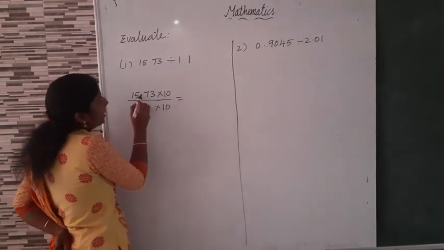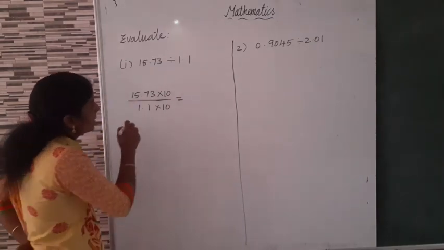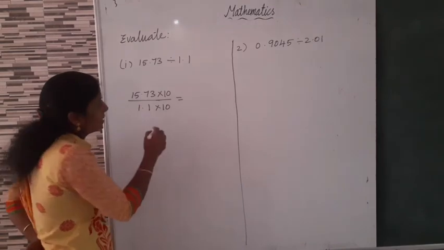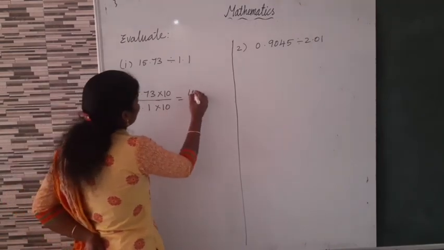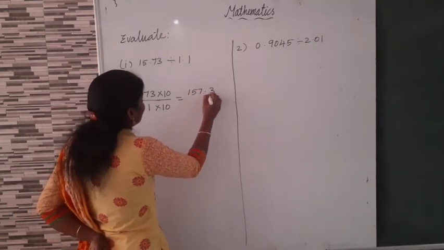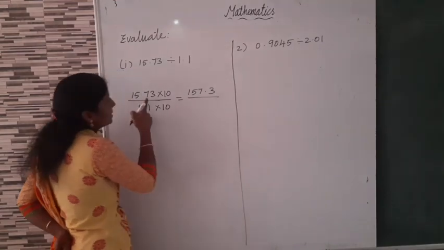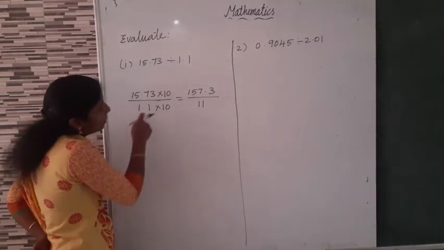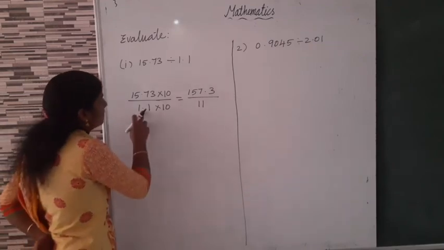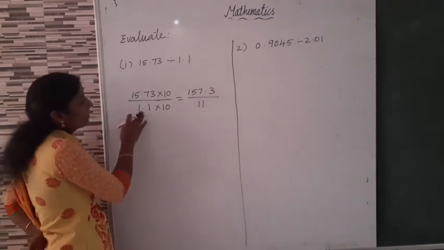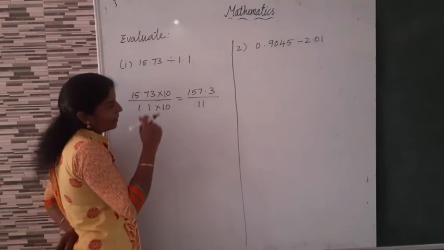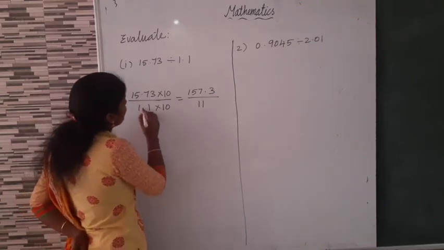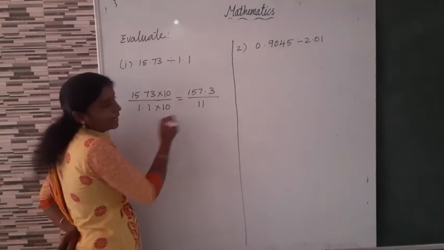So this point will shift to the right one place, isn't it? So 157.3 divided by 11. This point will move right one place, so this point will come here. So we will get 11.